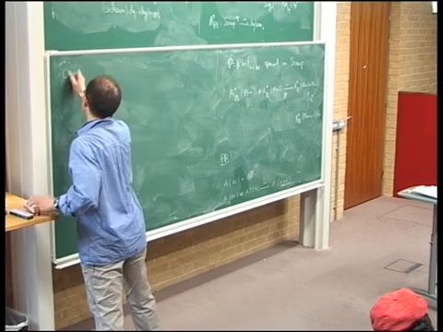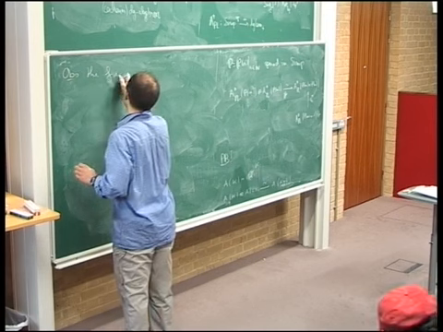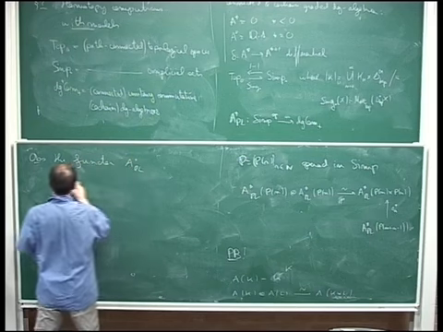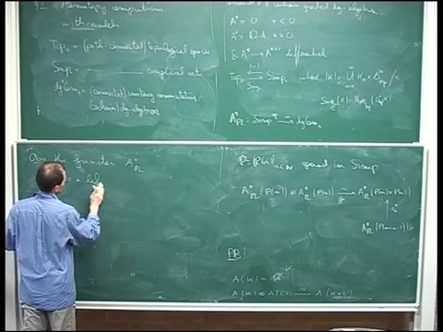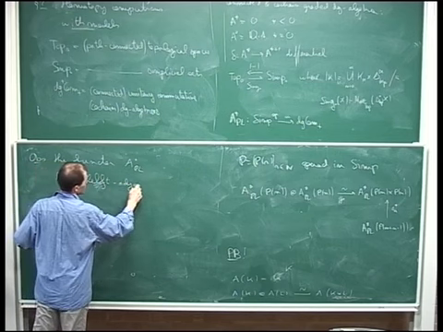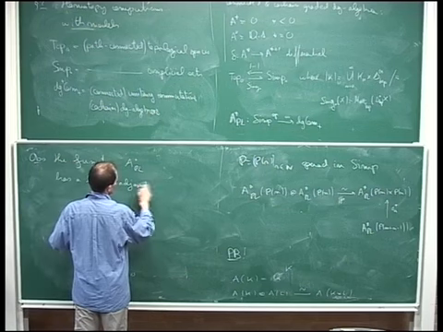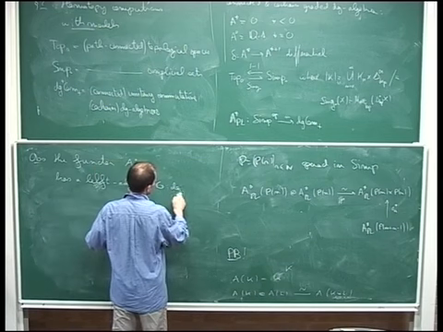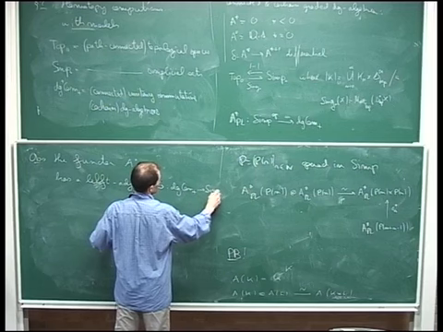Observation: APL has a left adjoint G. So it goes from DG commutative algebras to simplicial sets.